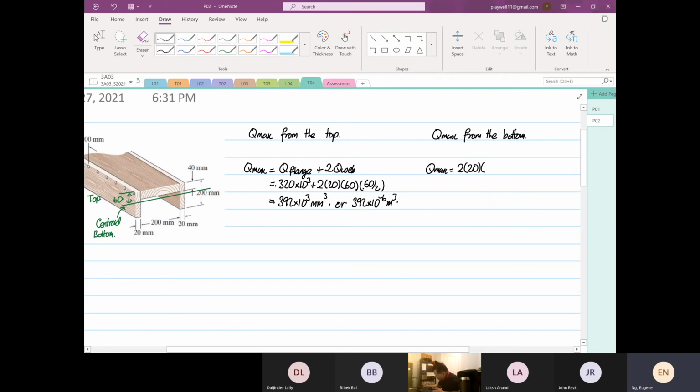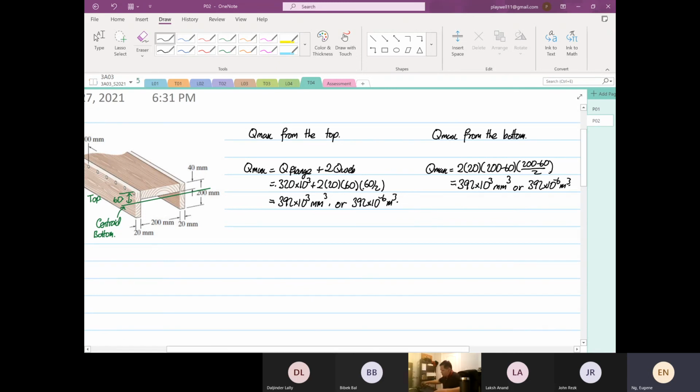The depth is 200 minus 60, multiplied by 200 minus 60, the whole thing divided by 2. The answer should be the same. So 140 divided by 2 times 140 times 20 times 2 is equal to 392 times 10 to the power 3 millimeter cube, or 392 times 10 to the power minus 6 meter cube.